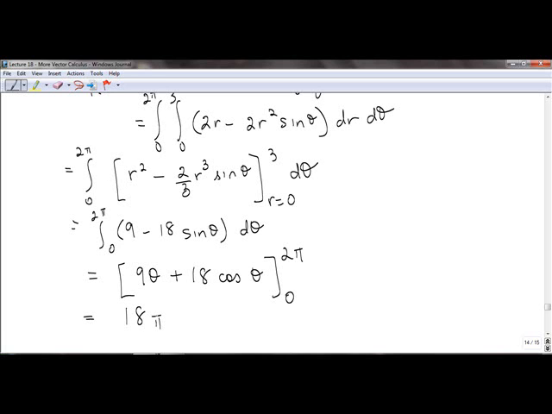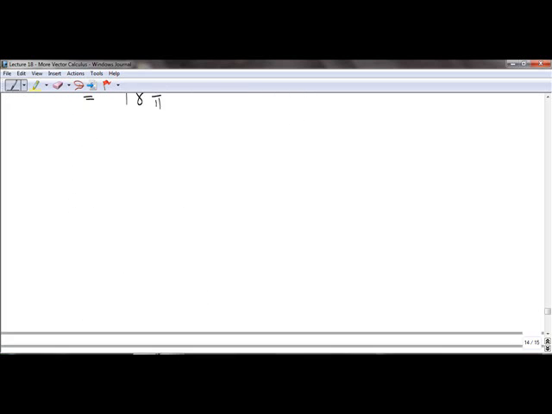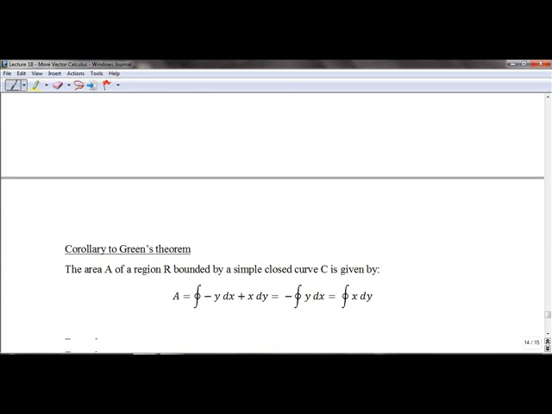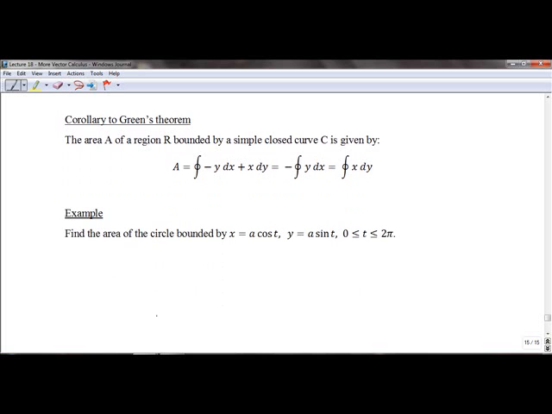Okay, last one. Green's theorem also enables us to find the area of a simple closed curve. And we have a bunch of formulas that we can use here.